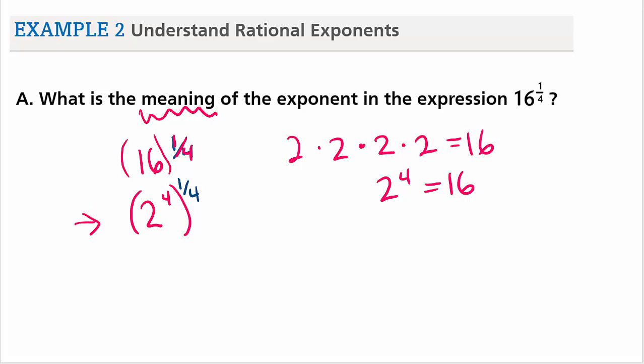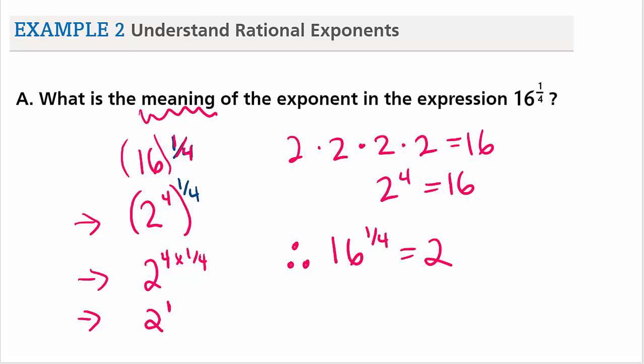If you think back to your exponent laws, when we have an exponent raised to another exponent, that's the same as just multiplying them together, if we're going to simplify. So when we simplify this, we end up getting 2 raised to the exponent 1. So therefore, if we go back to the original question, 16 to the 1/4 is actually equivalent to 2.